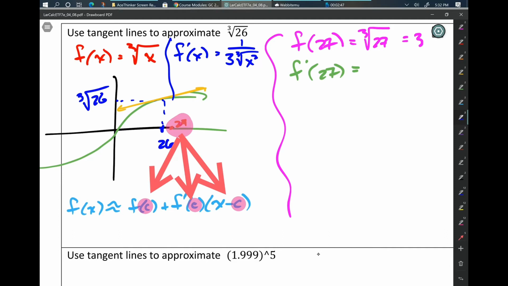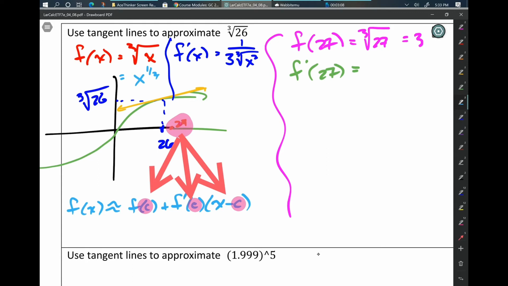Again, this is like the square root function, where I've done it so many times that I know the derivative. Rewrite as a fractional exponent, 1/3, take the derivative, it's 1/3 times x to the negative 2/3. Negative 2/3 means put it downstairs, square it, and take the cube root.